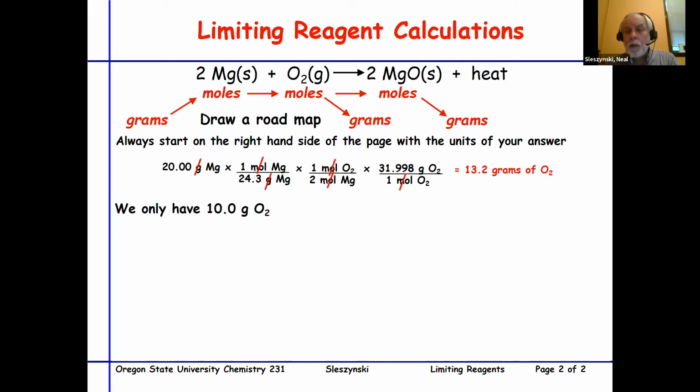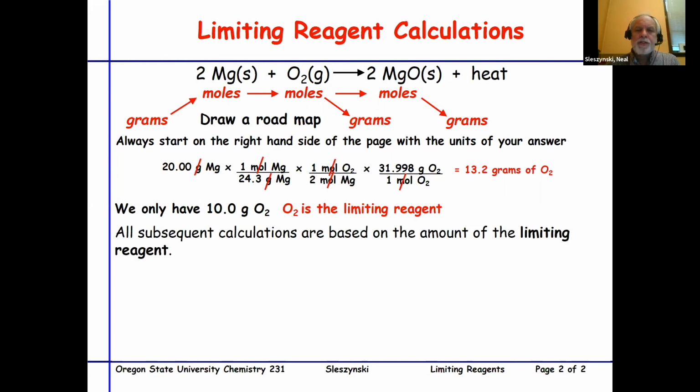Well, at the start of the problem, we were told that we only have 10 grams of oxygen available. We do not have enough oxygen to totally react the magnesium. That means O2 is going to be our limiting reagent. All subsequent calculations then are based on the amount of limiting reagent, which is oxygen.